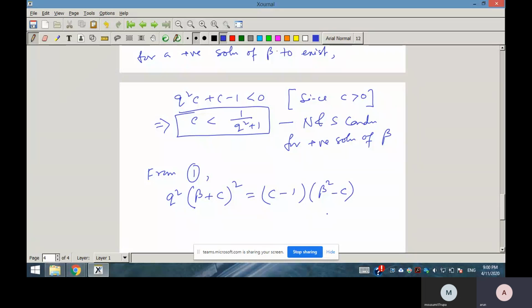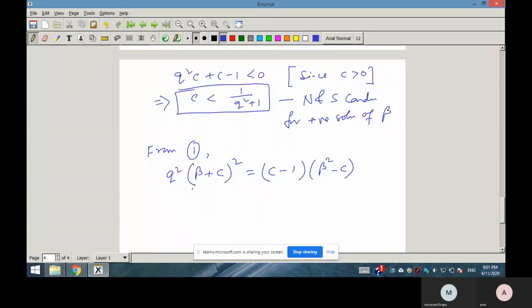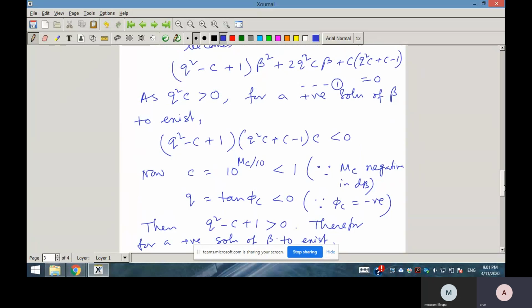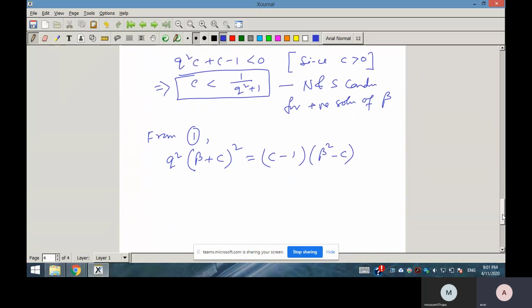Actually, this equation was also there just before equation 5 of the lead controller. There it was in terms of alpha. Now I have just replaced alpha by beta. From this equation, you see the left hand side is greater than 0. Also C minus 1 is less than 0.